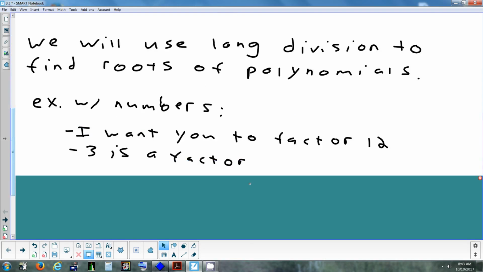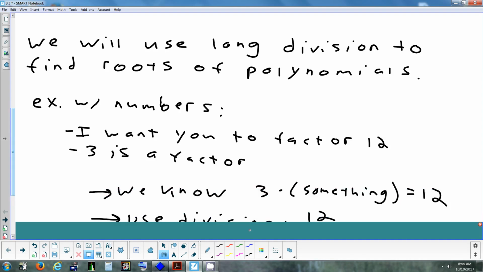Let's say I wanted you to factor the number 12. That means break it up into something times something that gives you 12. And I give you the piece of information that 3 is a factor. How could you use that to figure out the other factor? You divide 12 by 3.